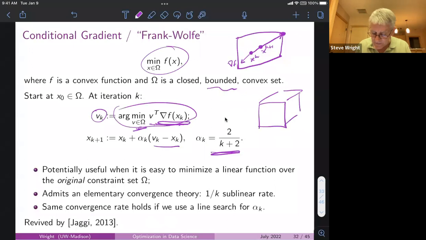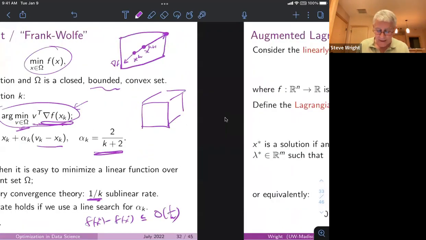It's trivial to solve this problem in closed form in that case, or when omega is a circle or something like that. There are many interesting instances where it's trivial to solve this problem. You can show, by the way, I've omitted the theory, but the theory really does all fit on one slide, that you get f of xk minus the optimal is order 1 over k. So you get a 1 over k type convergence rate. Again, it's sublinear.